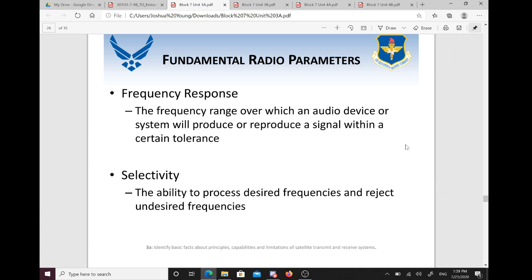And then you have your selectivity, which pertains to the LNA, is the ability to process desired frequencies and reject the undesired ones. So anything that we don't want gets filtered out. And if your piece of equipment or your component is capable of doing that and can do it well, that means that it has a high degree of selectivity.